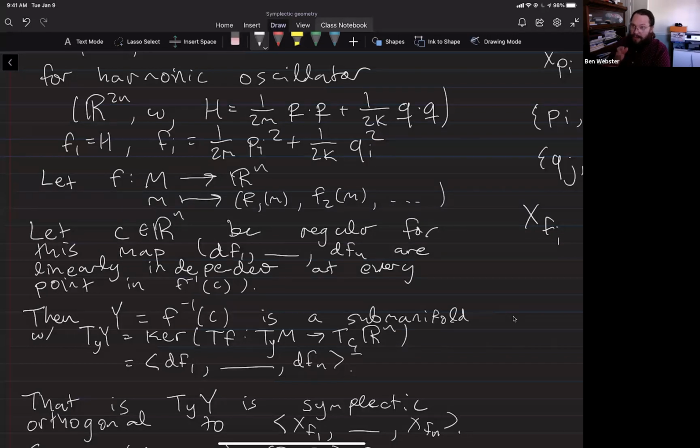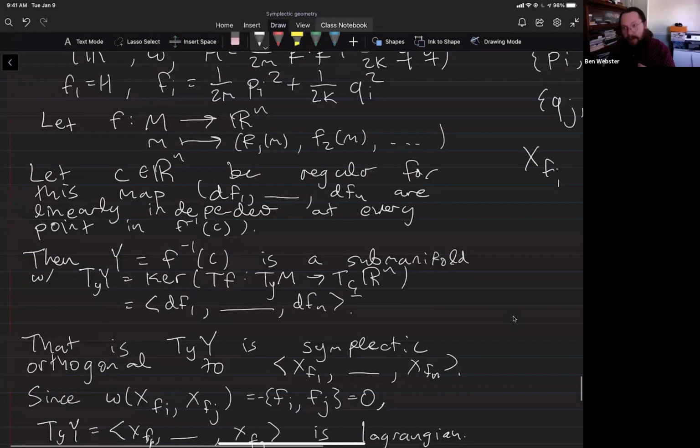We've required that they be linearly independent generically on our manifold M, and a regular value of the map is one where that happens at every point on the fiber. Some basic theorems of differential topology show that regular values have full measure, so there are lots of them. If I have a regular value, this pre-image is a submanifold by the implicit function theorem.